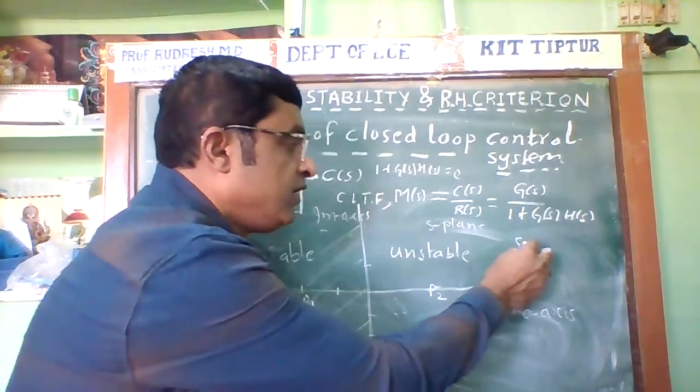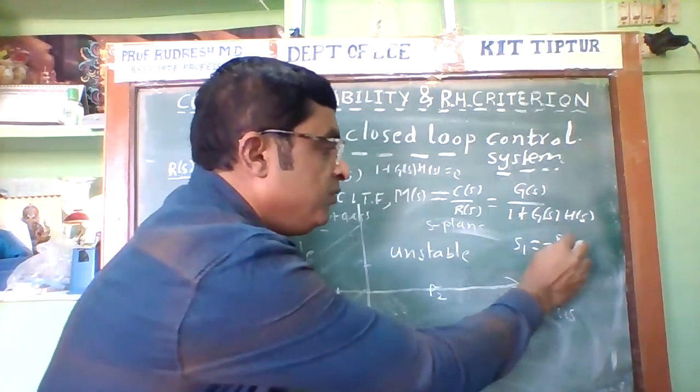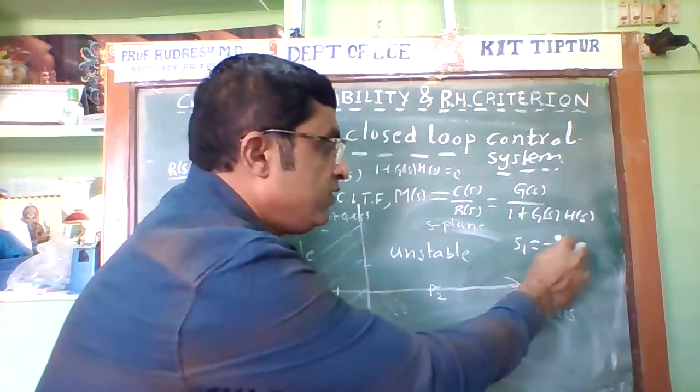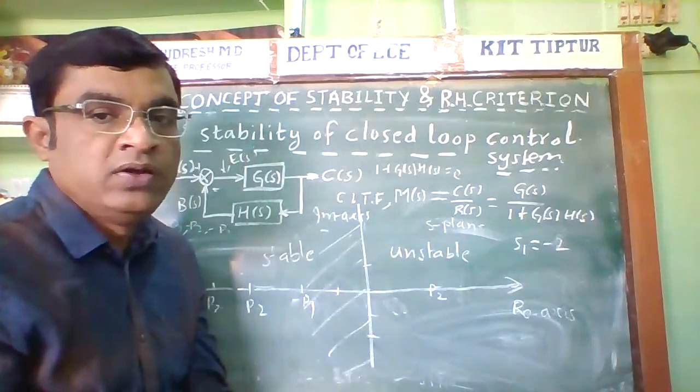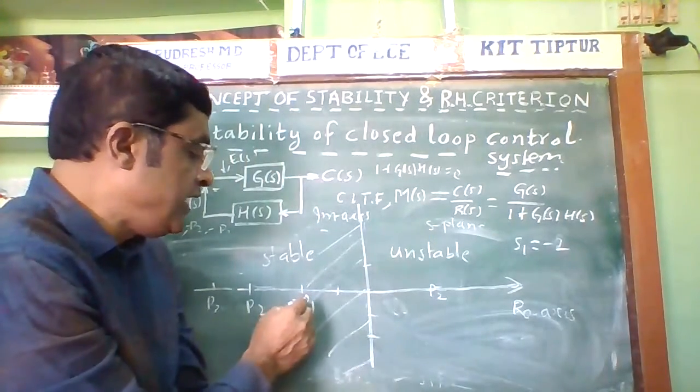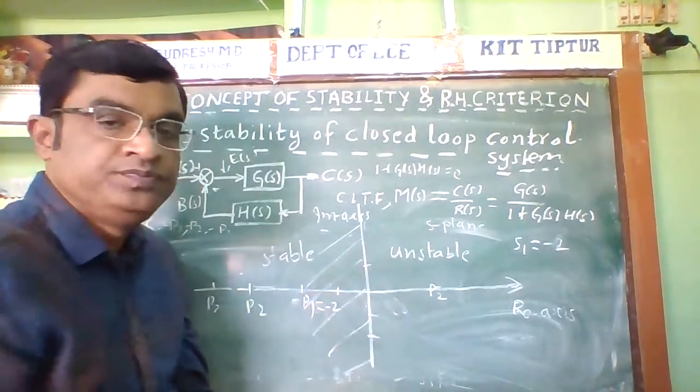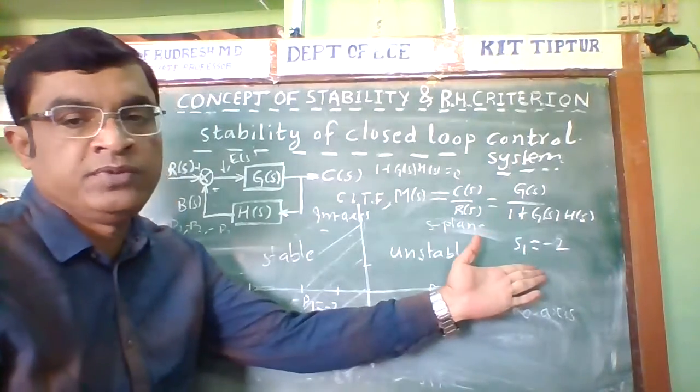If S1 is a root, say -2, then this -2 is located here, and the given system is stable.